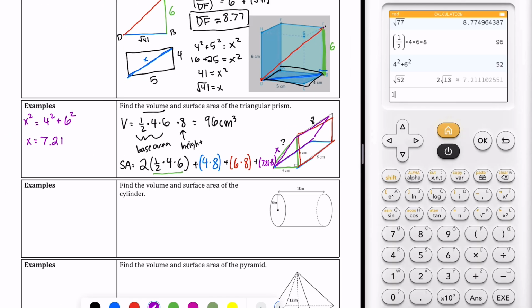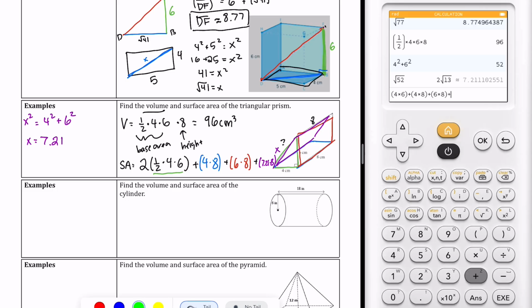So as you can see, a bit more work just since we have to piece together all of the different sides. Okay, I'm going to go ahead and just do 4 times 6 because I know my 2 and 1/2 will cancel out. And then I'm going to add that to 4 times 8. Then I'm going to add that to 6 times 8.